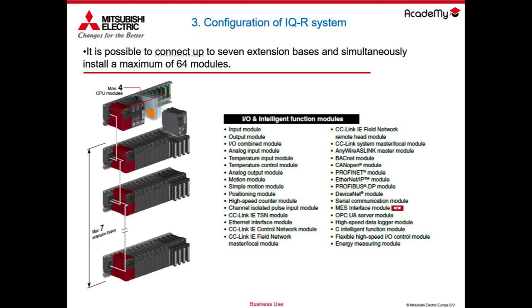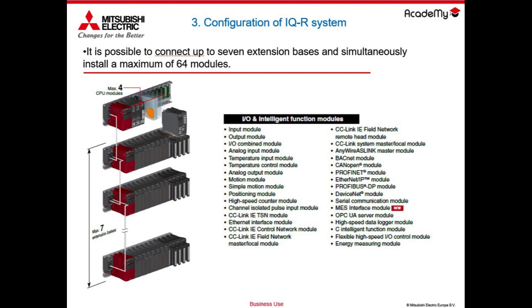I mentioned the smart modules. In addition to CPU modules, we will talk about smart modules, and we will distinguish them from I/O modules, that is, cards for digital inputs and outputs.